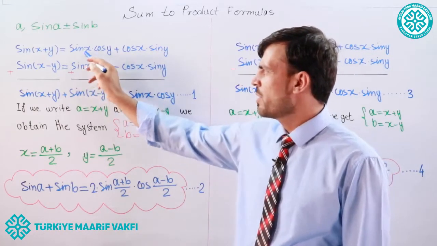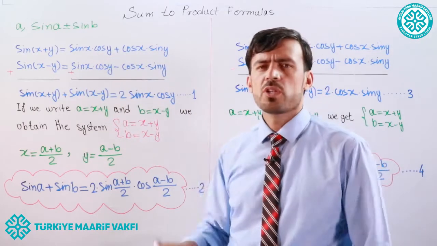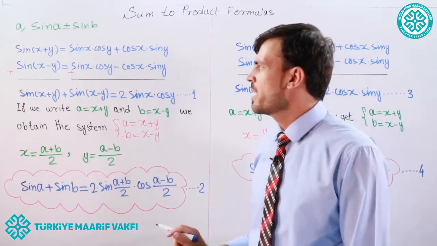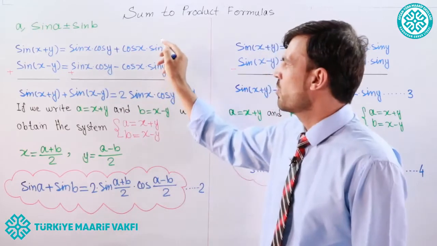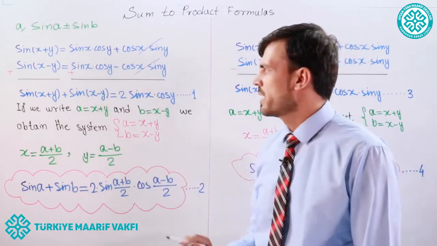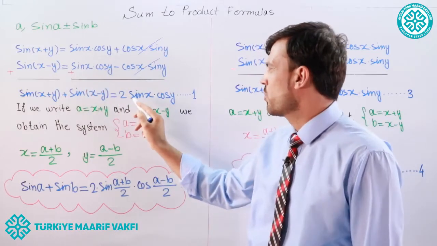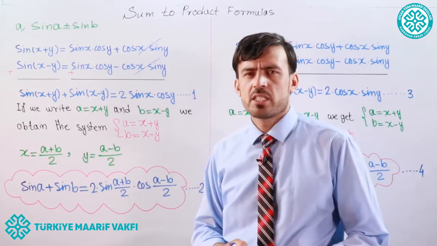The first two terms, sine x cosine y and sine x cosine y, are equal with the same sign, so they can be added together. That gives 2 sine x cosine y. So this is the first relationship.